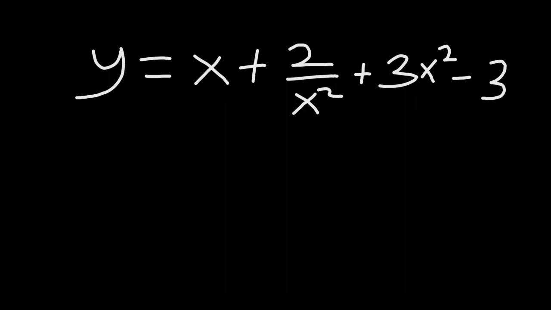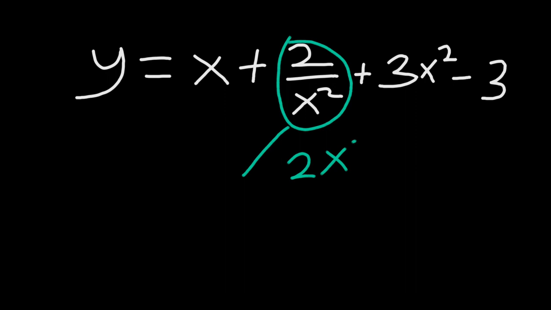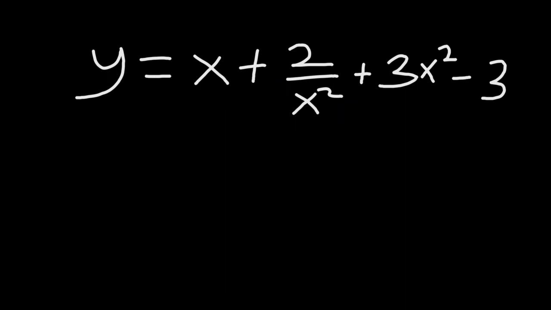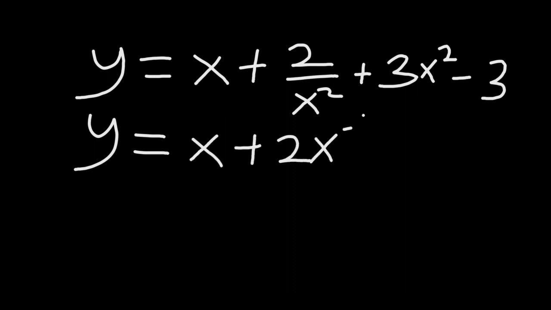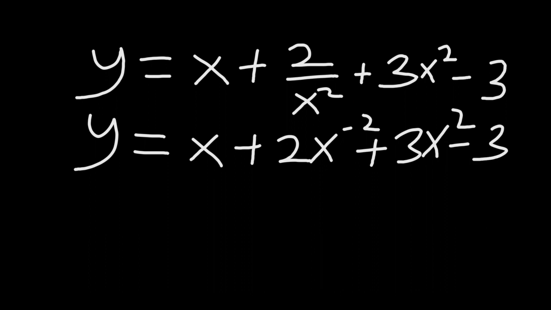But we know that 2 over s squared is the same as 2s exponent negative 2. So let's rewrite that. y is equal to s plus 2s exponent negative 2 plus 3s squared minus 3.